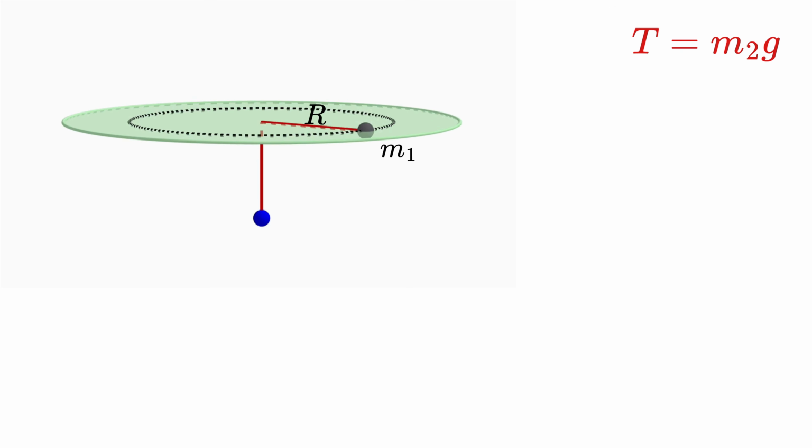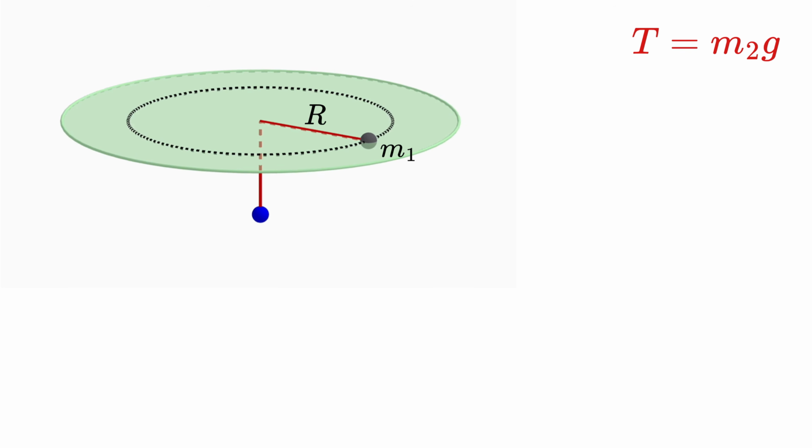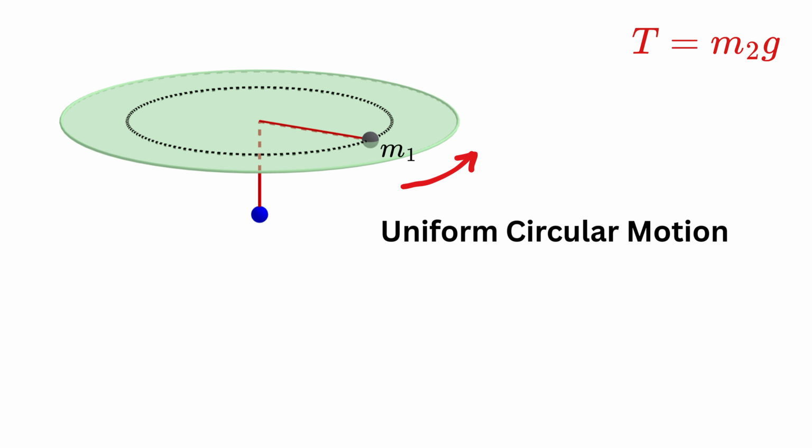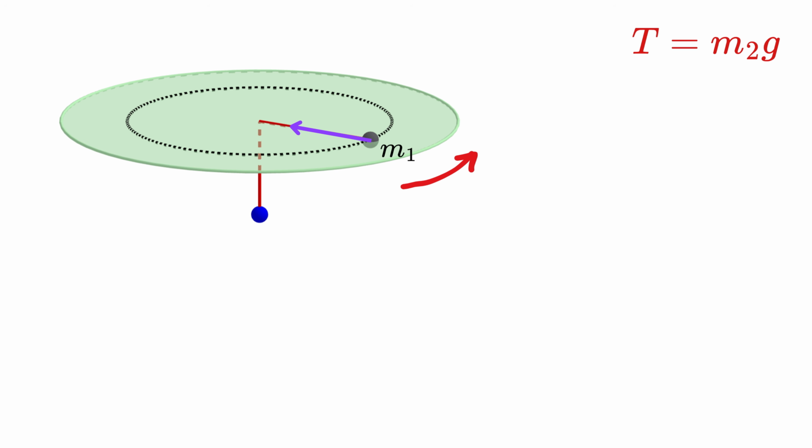Now, let us shift our attention to the puck of mass m1 moving on the frictionless table. Since the table is frictionless, there is no force opposing the motion along the surface. The puck moves uniformly in a horizontal circle, which means its speed remains constant, but it must have a radial or centripetal force acting toward the center of the circle.